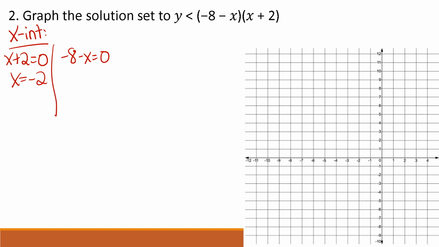And then for the other one, we would have to add the 8. So we get -x equals 8. And then divide both sides by -1. So x equals -8. So we cross out -2. I'm going to go ahead and draw my x-intercepts. -2, -8.